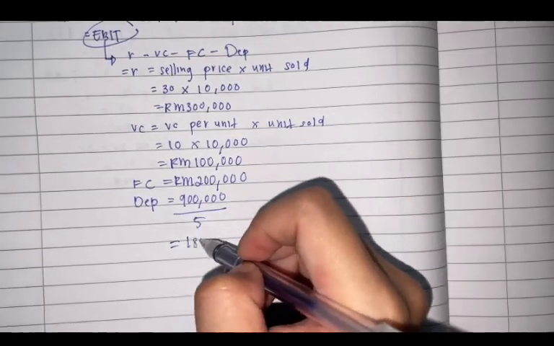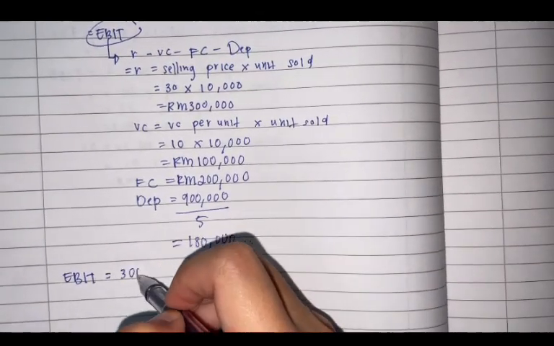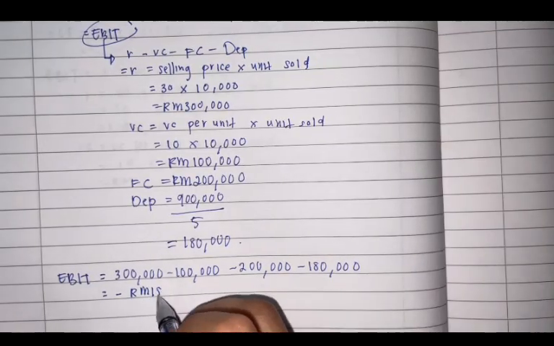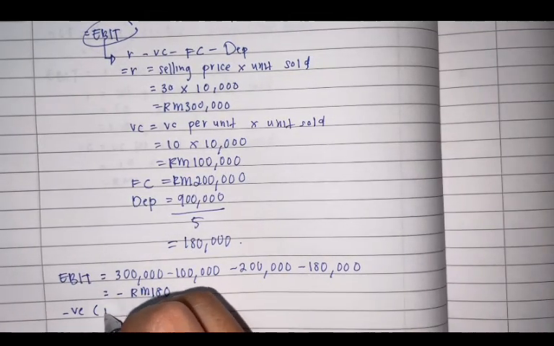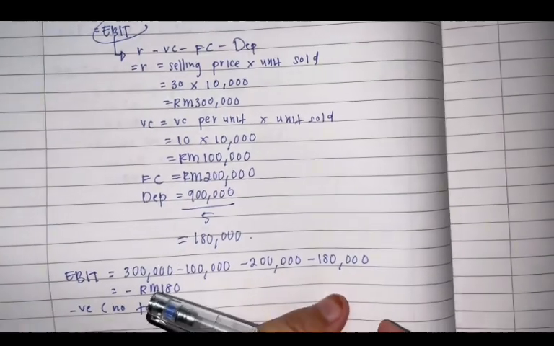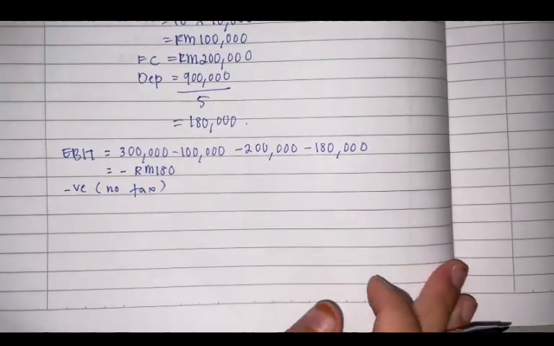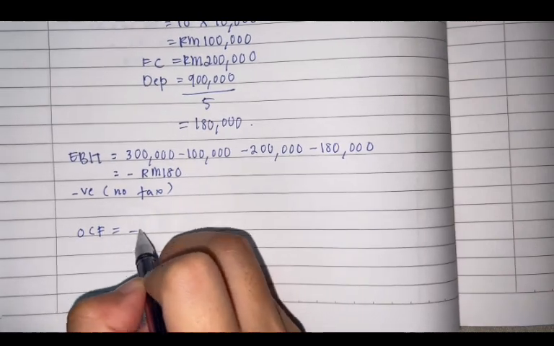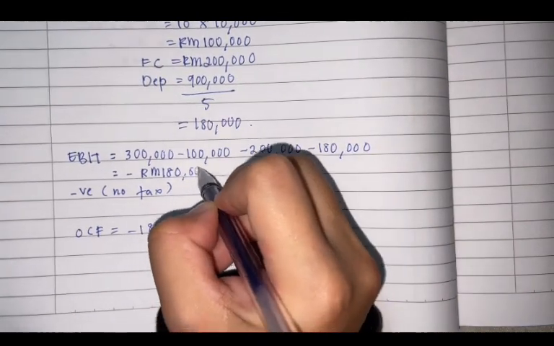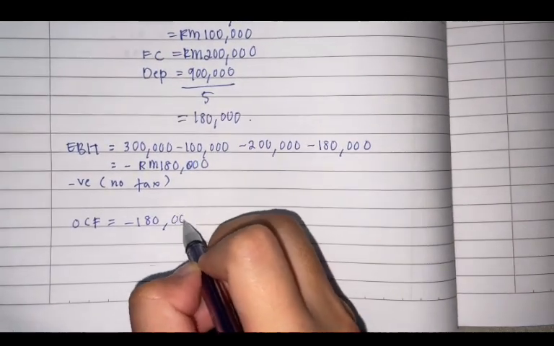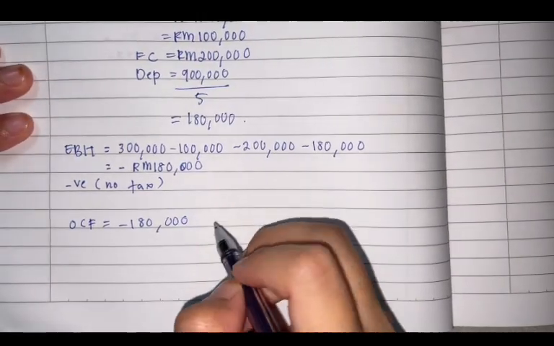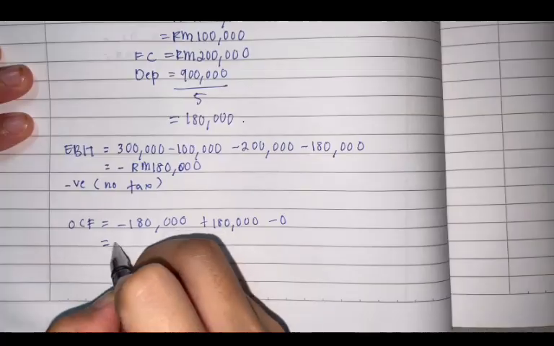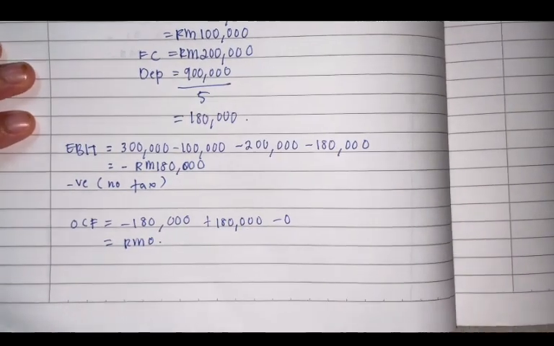Next, EBIT equals revenue minus VC minus FC minus depreciation, which is 300,000 minus 100,000 minus 200,000 minus 180,000. EBIT equals negative 180,000 ringgit. After calculating EBIT, substitute it into the OCF formula. Since the EBIT is negative, the tax rate is 0. OCF equals 0 ringgit.